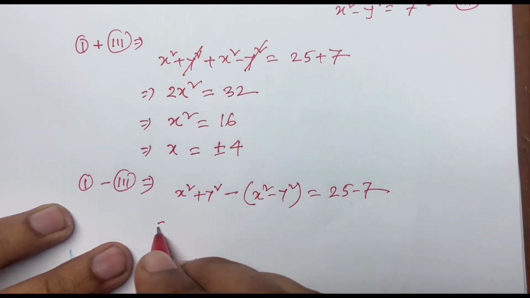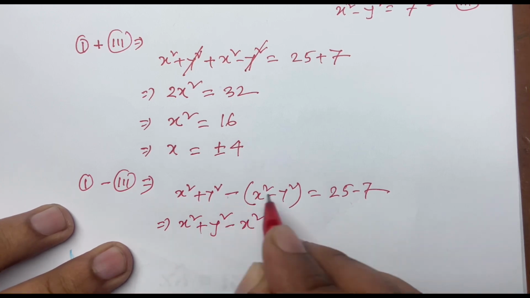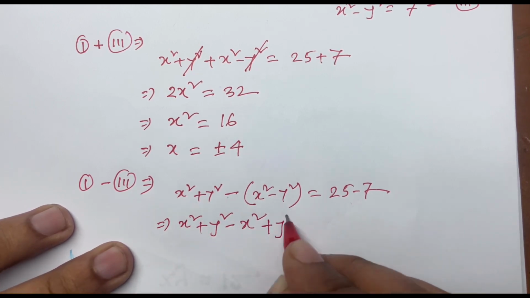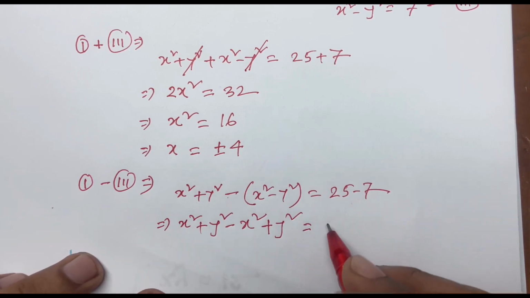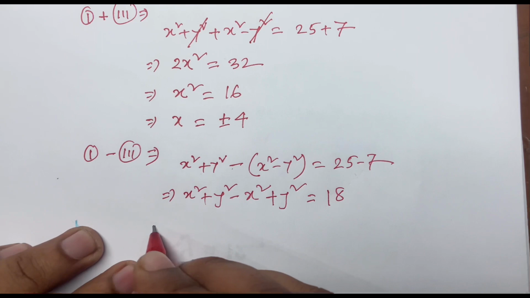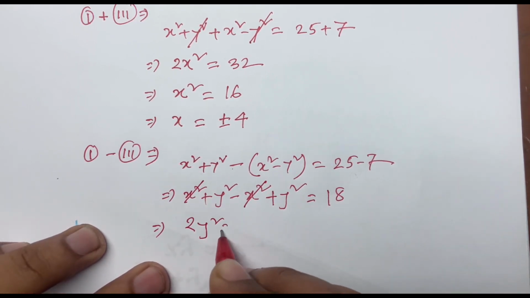Here x square is cancelled and we get plus y square plus y square, and we know that 25 minus 7 is equal to 18. So 2y square equals 18.